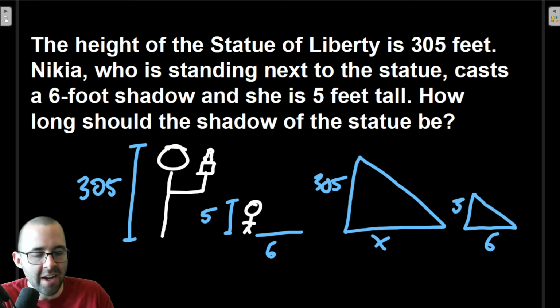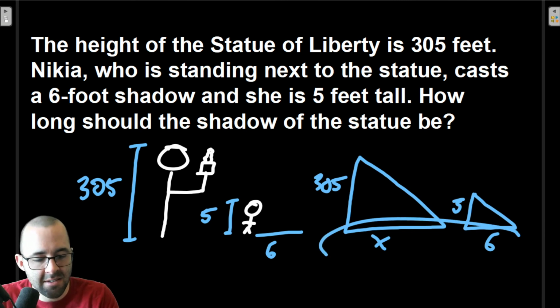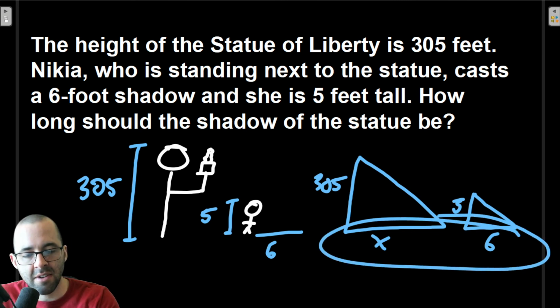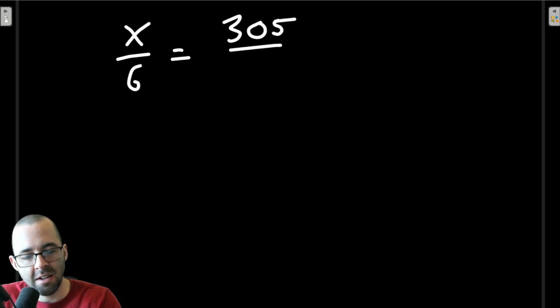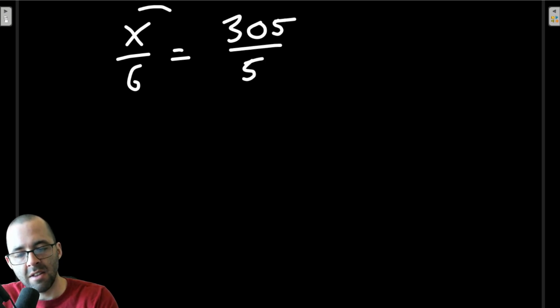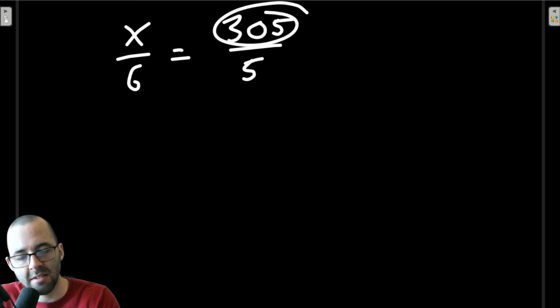So we got some similar triangles here. X is to 6, the same as 305 is to 5. The shadow is to the other shadow, the same as the height is to the other height.